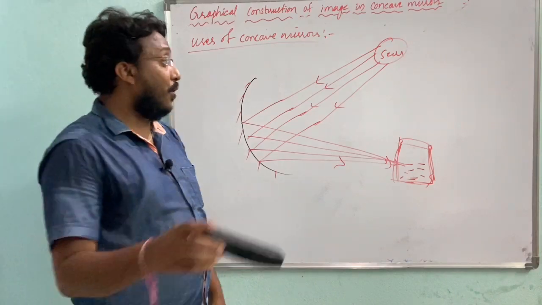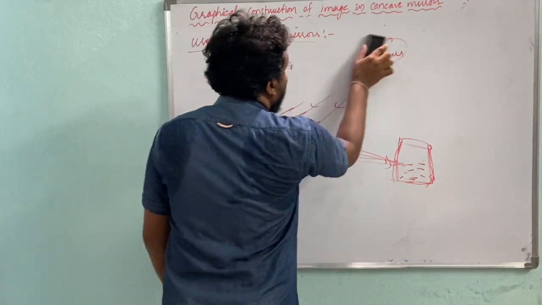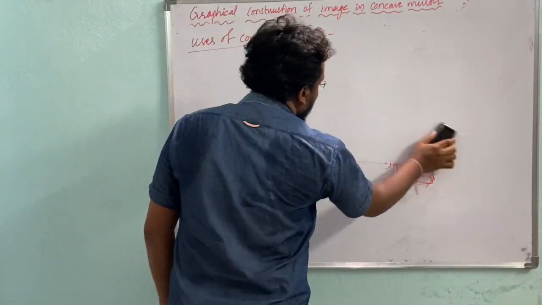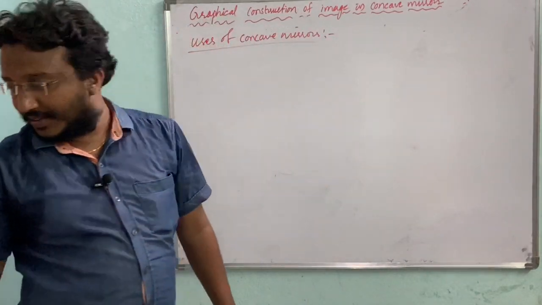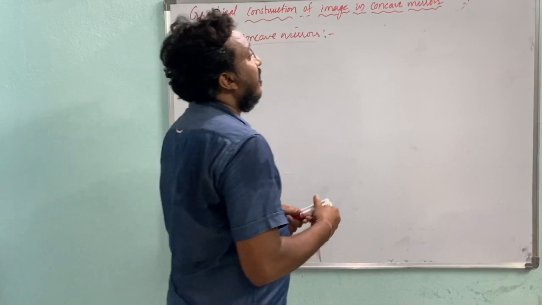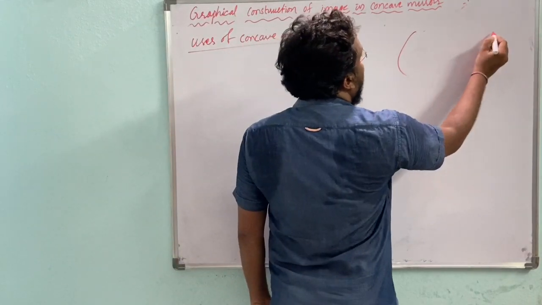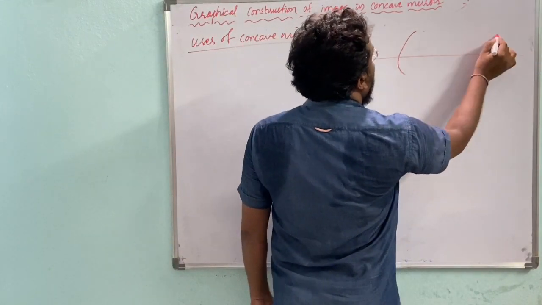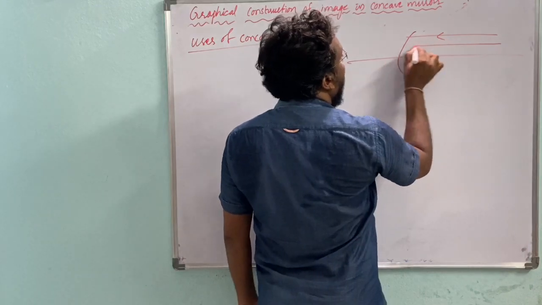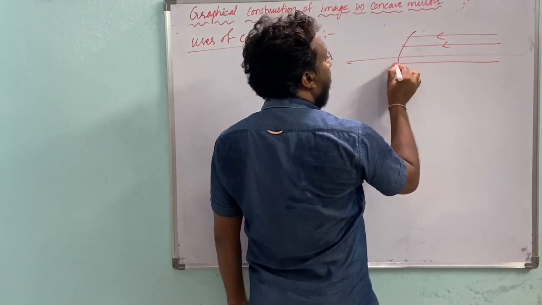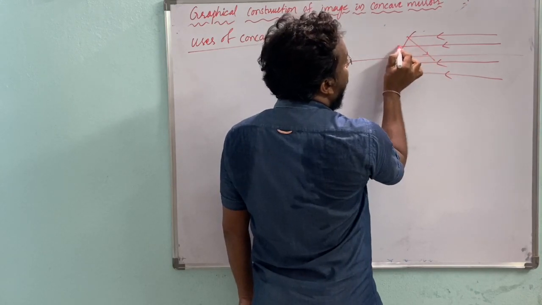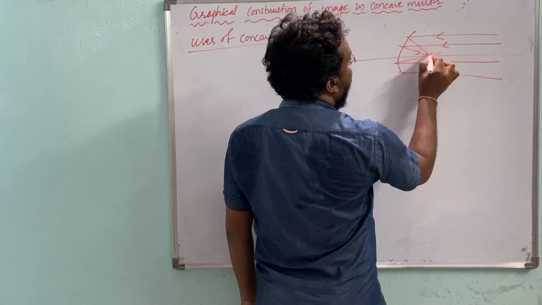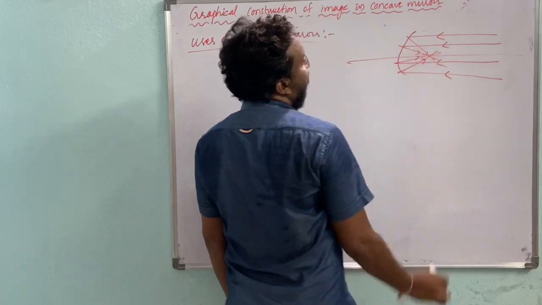And one more: here we discussed that if a beam of light parallel to the principal axis falls on the concave mirror, it converges at a point, right?